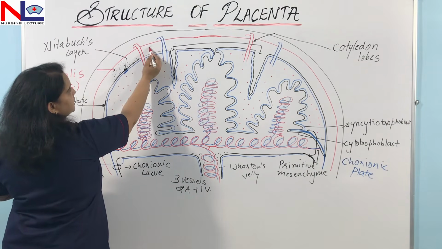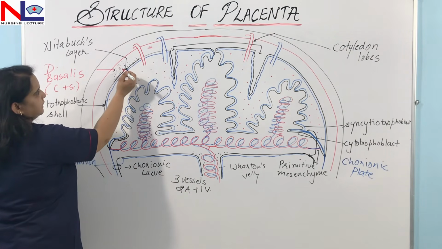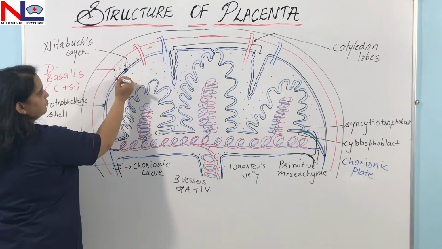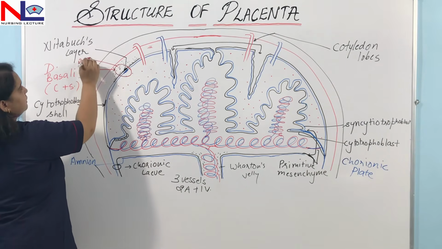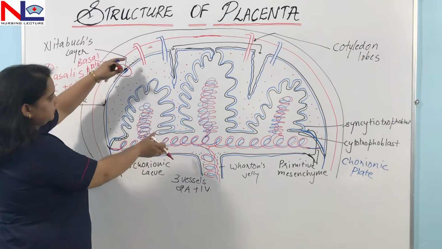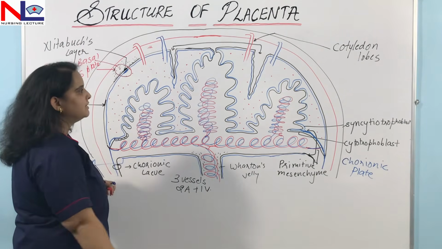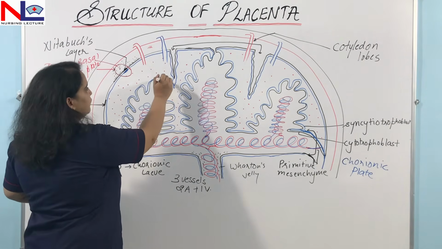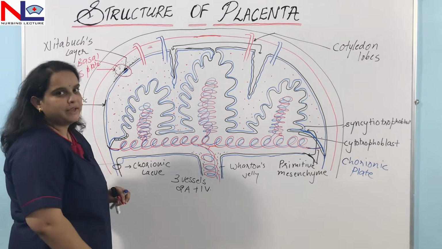That is this decidua basalis, then a layer of the fibrinoid degenerative layer, the cytotrophoblastic shell as well as the syncytiotrophoblast. So this layer is called the basal plate. And the structure lying in between these 2 plates is the villi, that is the stem villi, and the spaces in between these villi are called the intervillous space.